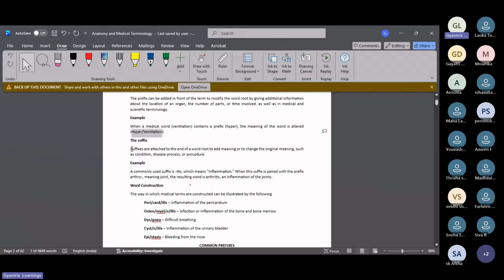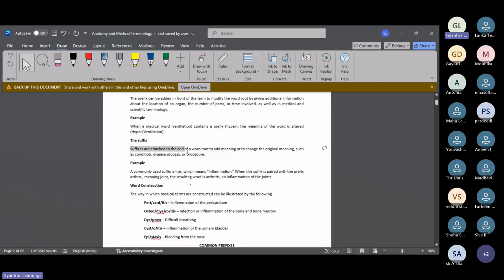And the next one is the suffix. As I have mentioned, suffixes are attached to the end of a word root and add meaning to change the original meaning, such as conditions, disease processes, or a procedure.